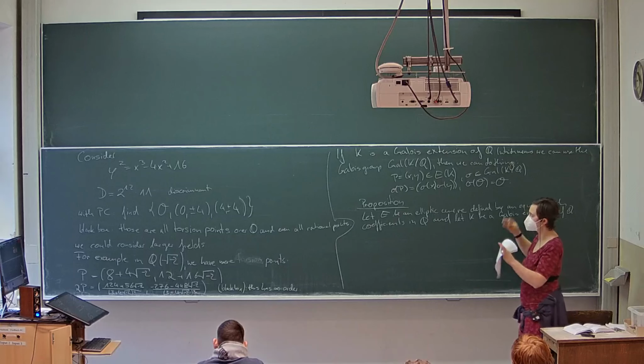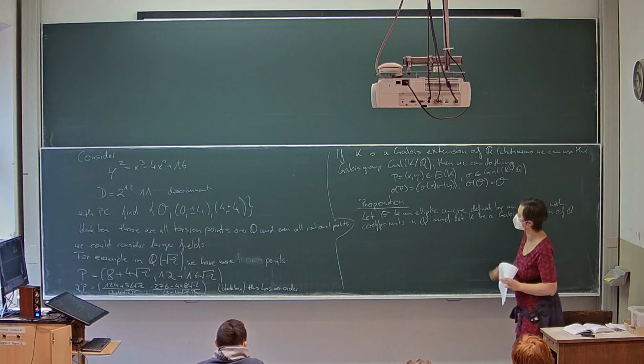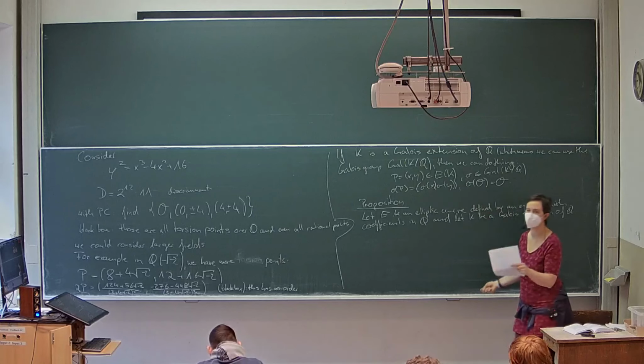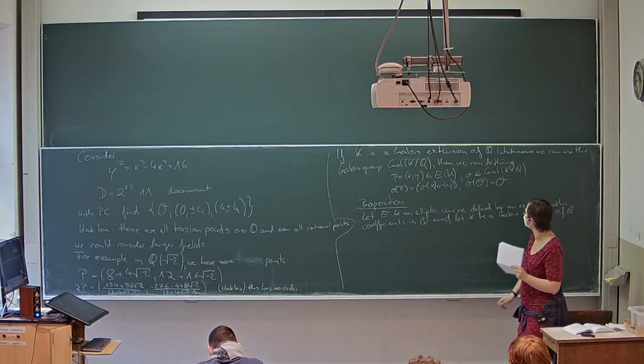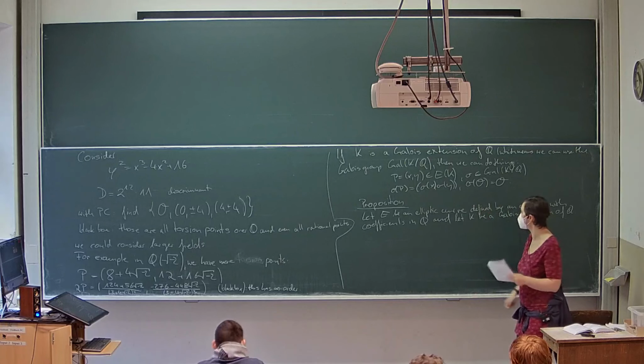But in practice, we will just care about number fields that are Galois. So usually we just take some number field, and if it's not Galois, we add some other things to it, and then it's Galois, and then we can play around with it.